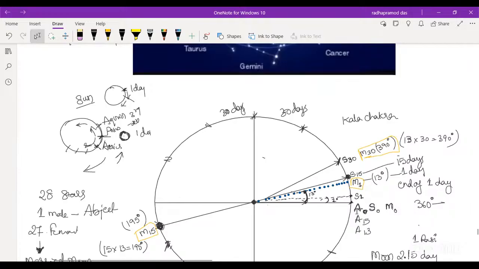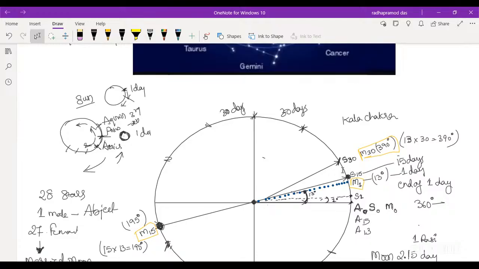The zodiac is going very slowly, so the moon goes fast. By the time the moon completes, it again goes ahead also. That's why the moon's movement is always faster than the sun.